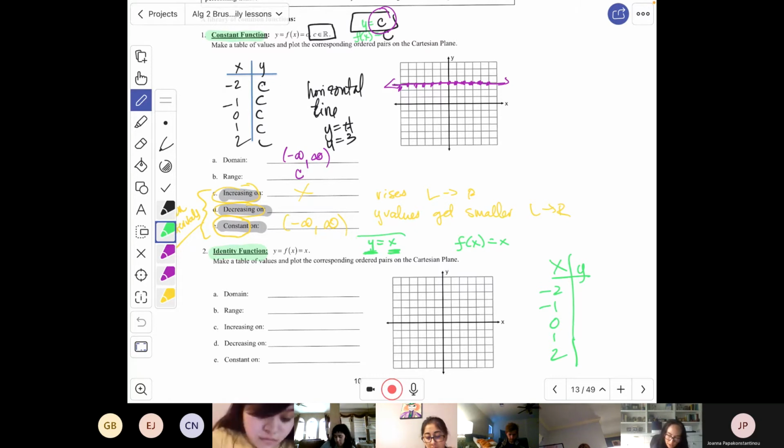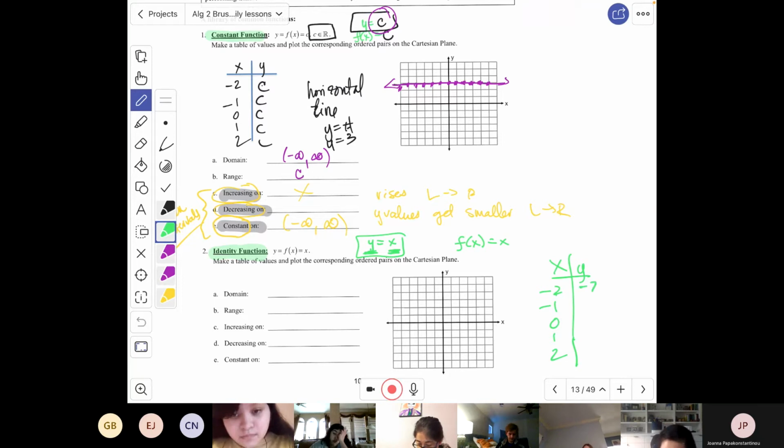So if I look at the identity function, because the x value is the y value, if I substitute in -2 for x, what is y in the identity function? Somebody tell me. Anybody? If I substitute in -2 for x, what is y? -2.